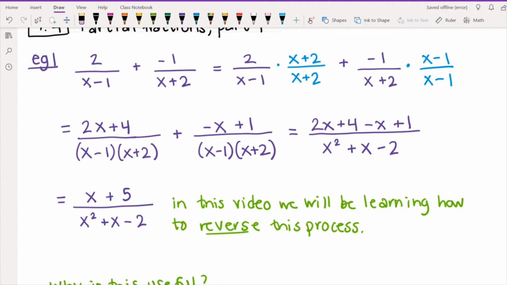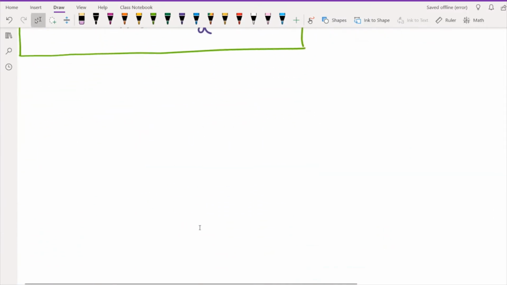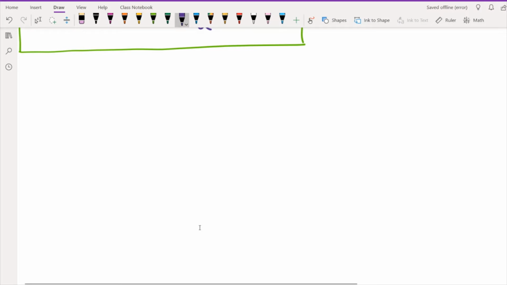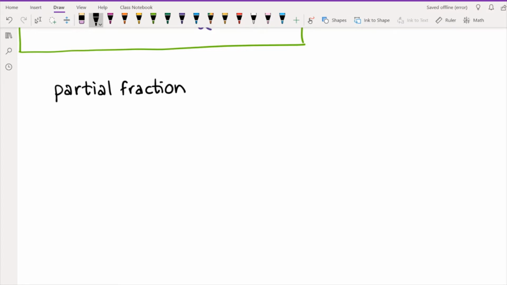With this one, we actually saw exactly where the fraction came from. So this process that we're going to be learning is called partial fractions, or sometimes partial fraction decomposition, because basically we're taking a bigger thing and breaking it down. That's where the decomposition idea comes from.